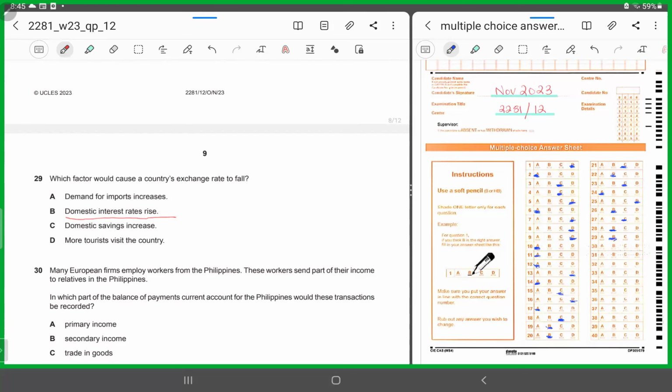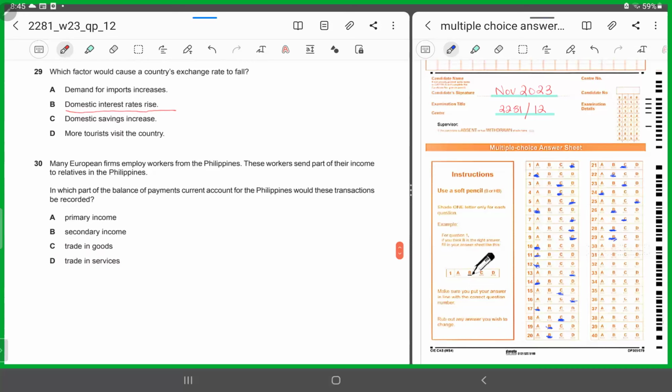30 says many European firms employ workers from the Philippines. These workers send part of their income to relatives in the Philippines. In which part of the BOP current account for the Philippines would these transactions be recorded? Primary income, secondary income, trade in goods and trade in services.